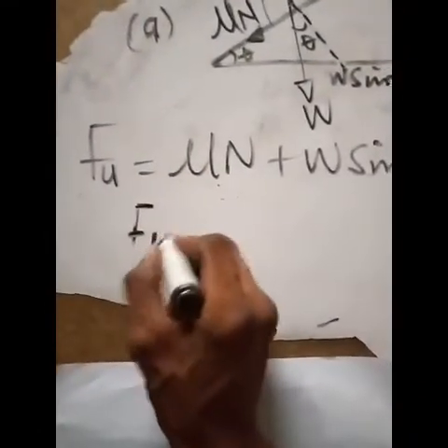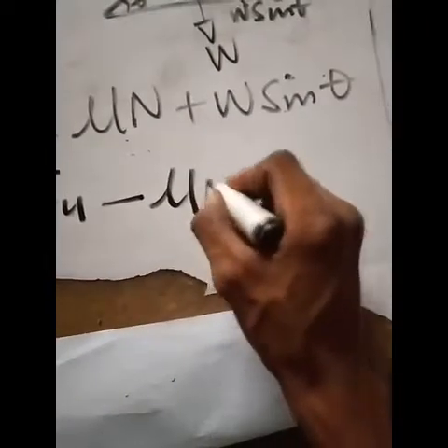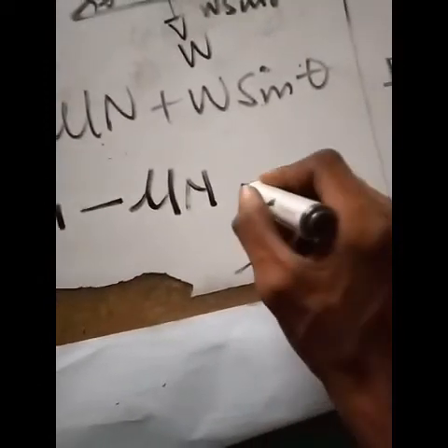Resolving this component horizontally, I will have my force up minus my frictional force, that is the coefficient of kinetic friction times N, minus my weight component, W sine theta, equals 0.